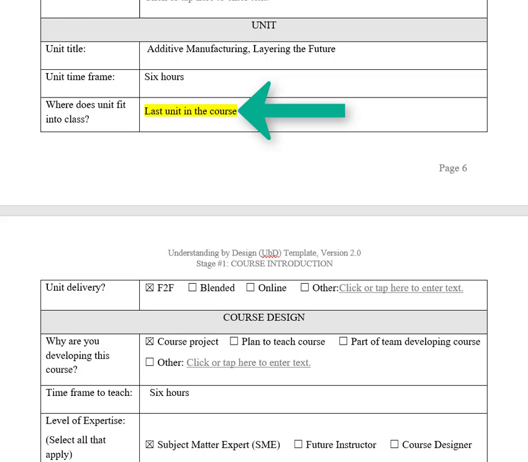And what I do here is I highlight in yellow things that I've changed. So as I went through stage 2 and 3, I may have had this unit set up to be first or somewhere in the middle of the course. But at the end, I decided it should be the last unit taught in the course. So that's highlighted because it was changed later.